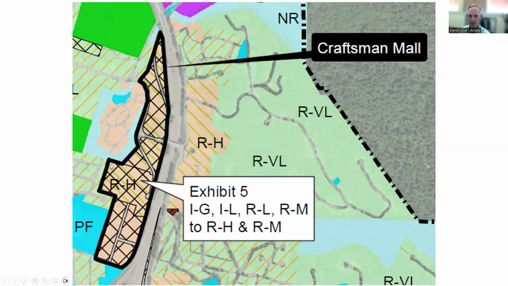All of that would be residential high. And south of Craftsman's Mall would be going to residential medium. Now, this was originally proposed for all residential high, and the neighbors came and spoke to the Planning Commission before they made the recommendation and compelled the commission to go with residential medium in the southern portion.